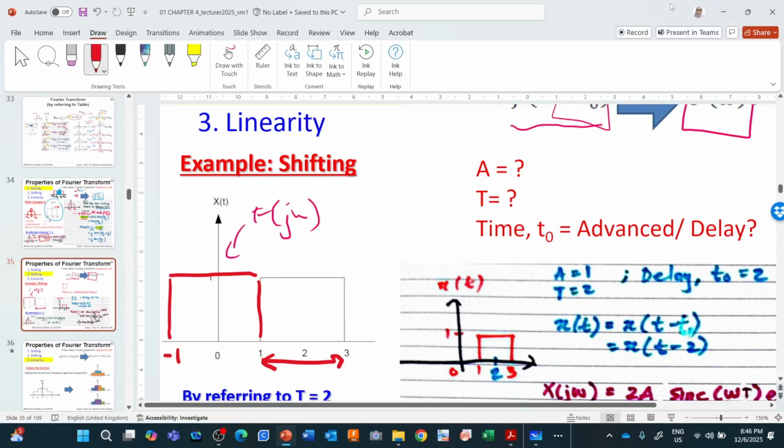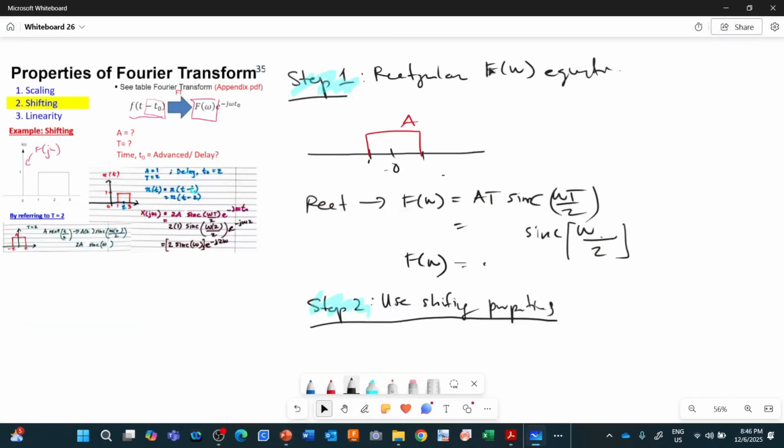Based on that understanding, you are going to draw this first one, the rectangular f(omega) in the center. So you have -1 to 1. Based on this, T equal to 2 just now, and A equal to 1.